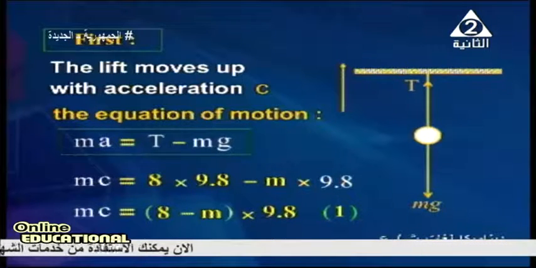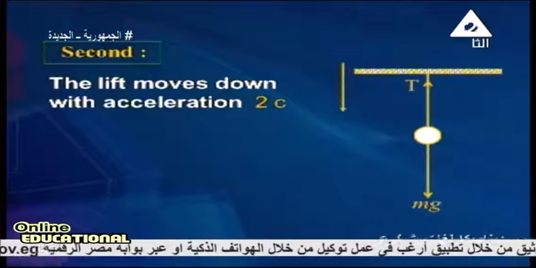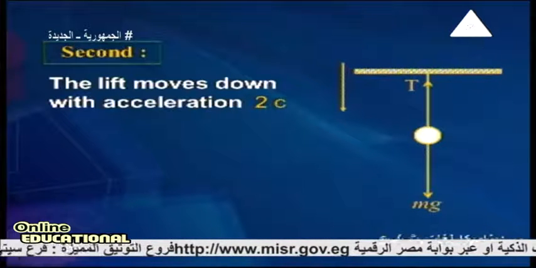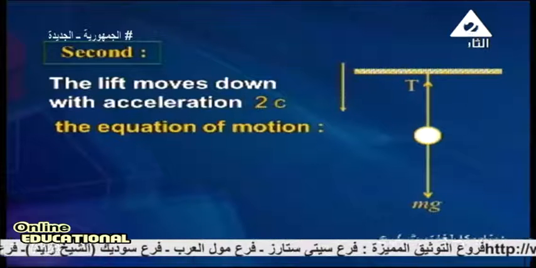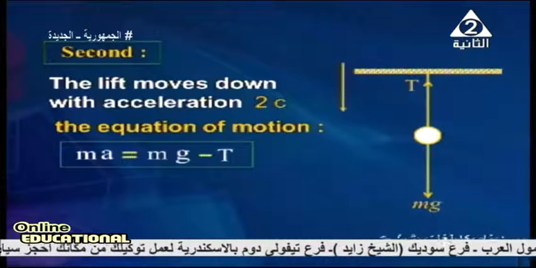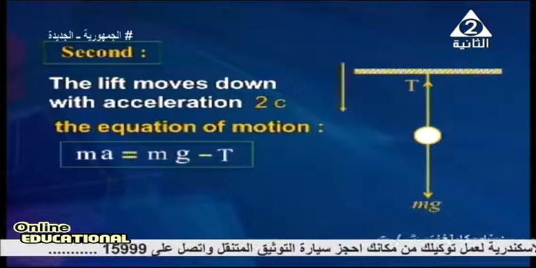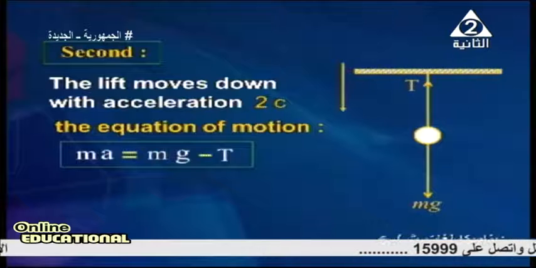The second case, the lift moves down with acceleration 2c, twice the first acceleration. Then what is the equation of motion now? ma equals mg minus T. m is the mass of the body, and the acceleration in this case equals 2c.